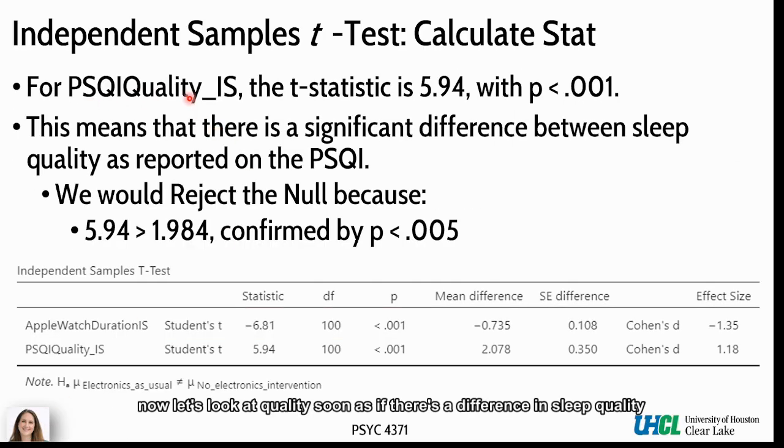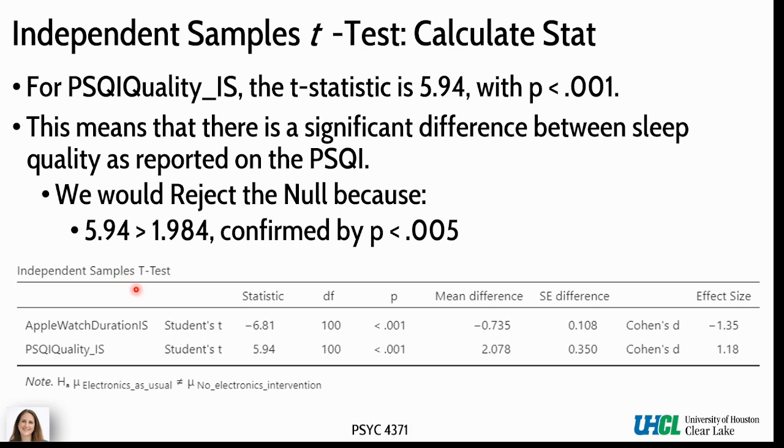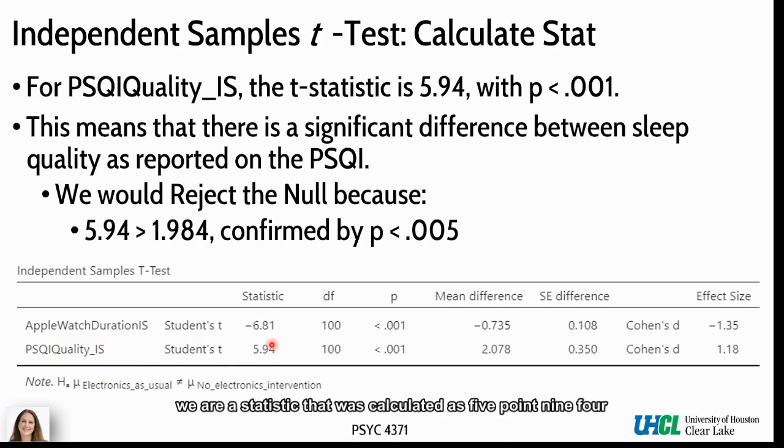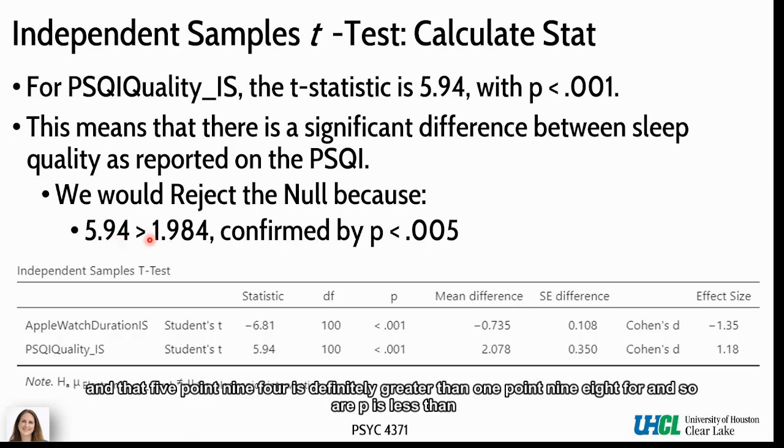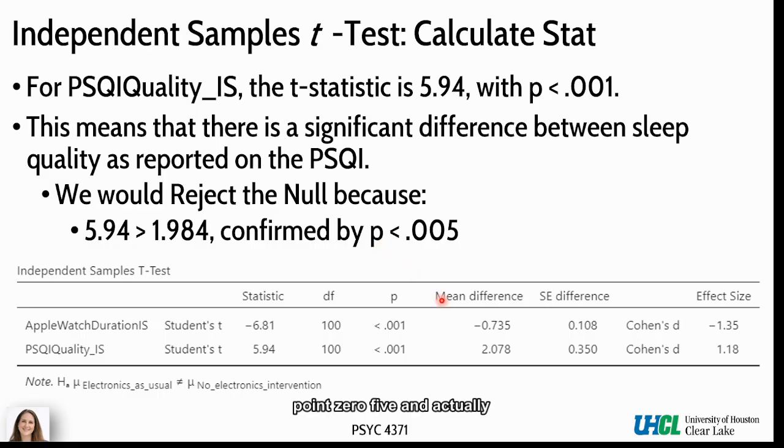Now let's look at quality. So we want to see if there's a difference in sleep quality between the group that used electronics before bed and the group that did not. For quality, we had a statistic that was calculated as 5.94, with 100 degrees of freedom, and that 5.94 is definitely greater than 1.984, and so our p is less than 0.05. Actually, there's a mistake there.